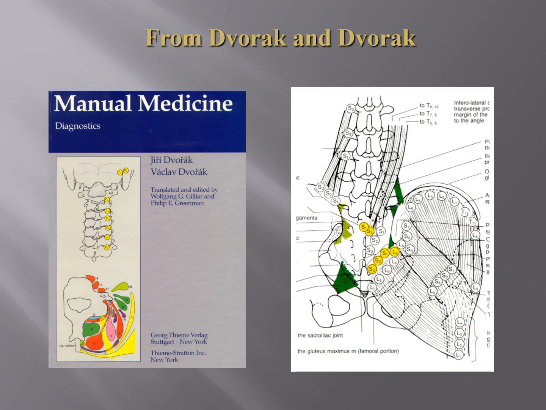So I think in the 80s, in 1980 or 81, this book appeared in print, Manual Medicine Diagnostics, written by these 2 Swiss medical researchers. And what these guys did is they had volunteers have their facet joints injected with saline solution.